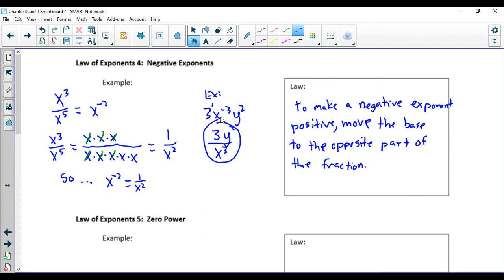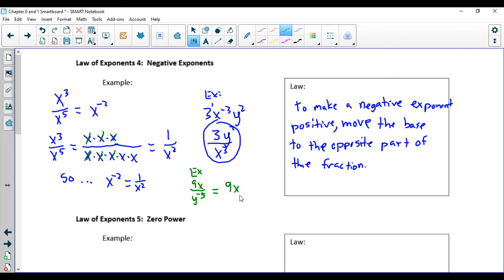If I do one more, another example. If I have 9x over y to the negative 5th, again, remember, the 9 is really raised to the 1st, the x is raised to the 1st. Those are already positive exponents, so I'm going to keep them up top where they belong.